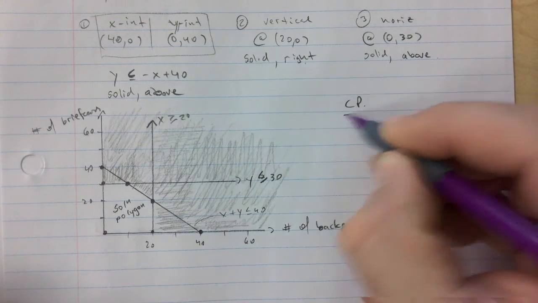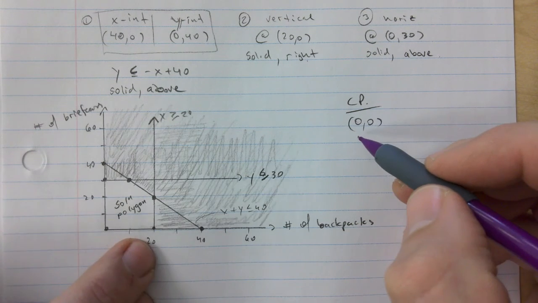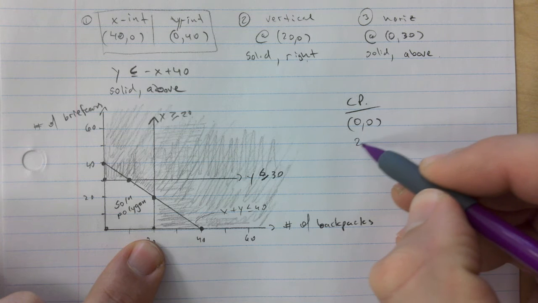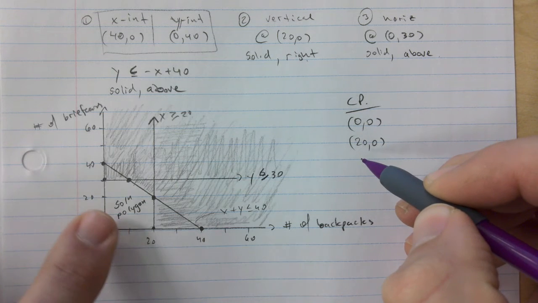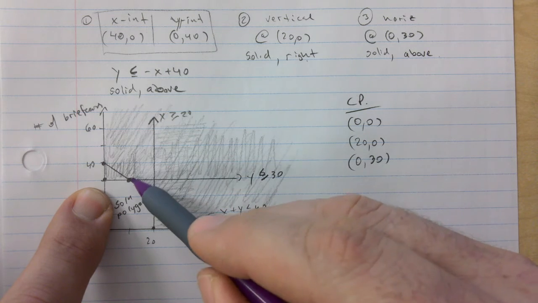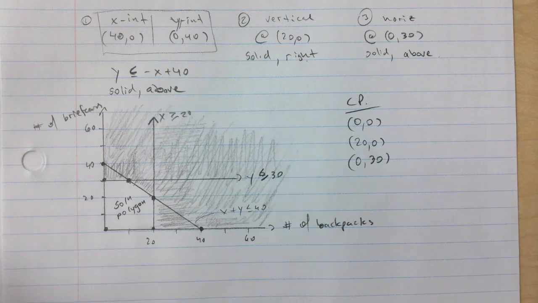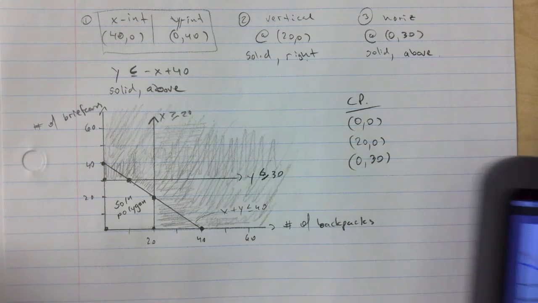Corner points, 0, 0, of course. And we can read a lot of them. 20, 0. We can read that one right there, 0, 30. These two we might need some help with. How would you do those? Well, let's type them in.